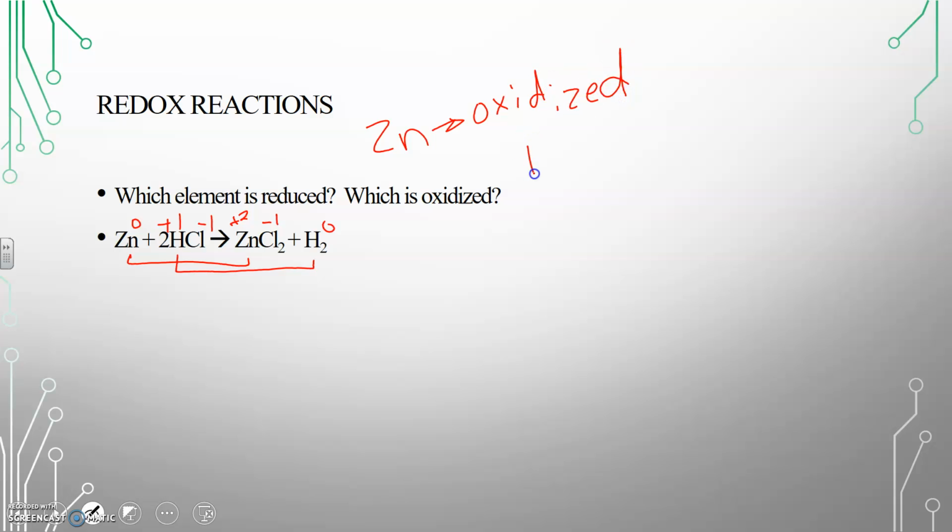Okay? And then if we look at our hydrogen, hydrogen went from +1 to 0. So it got more negative. So GER gains electrons, reduced. So this one is reduced. All right, so this is just going through it again. We've got our reactants. Zinc has a 0 charge, hydrogen has a +1, and chlorine has a -1.